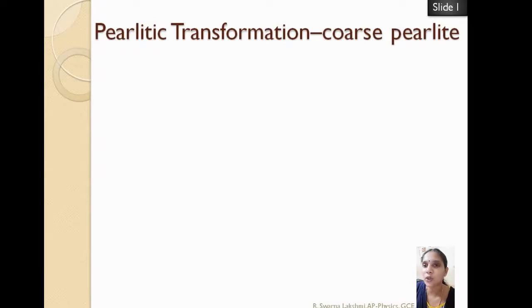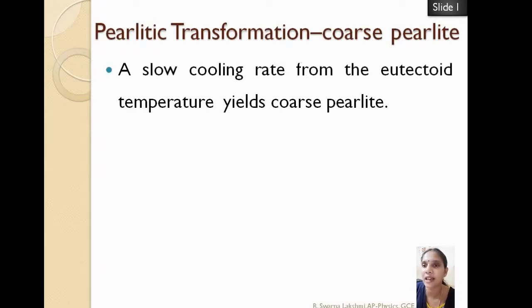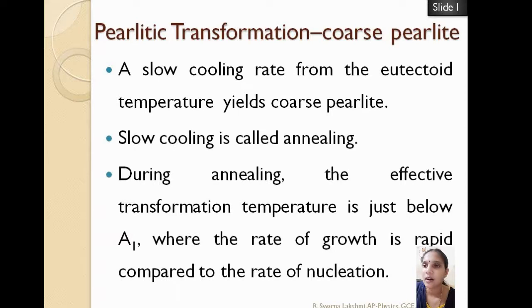Let us look into pearlitic transformation, especially formation of coarse pearlite due to annealing. As we have seen, a slow cooling rate from the eutectoid temperature yields coarse pearlite. This is also evident from the fact that the growth rate is more for smaller undercooling.